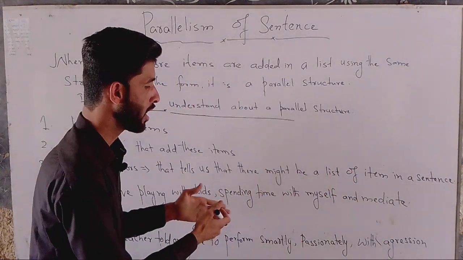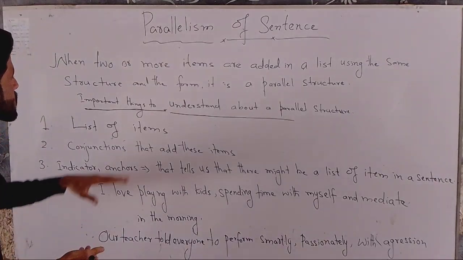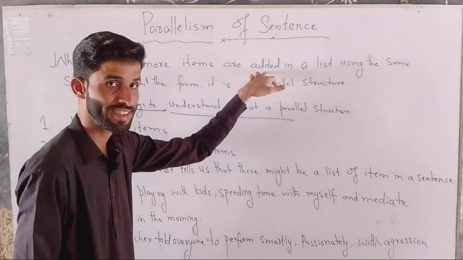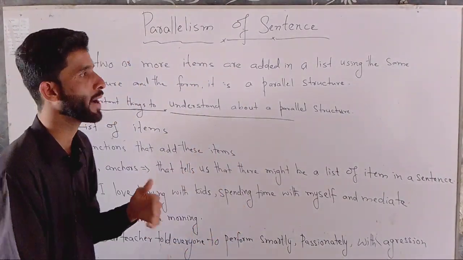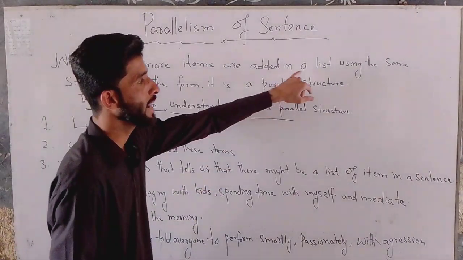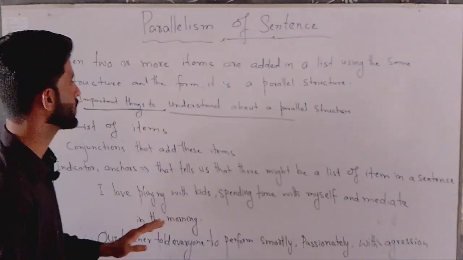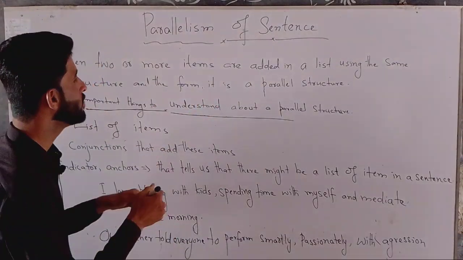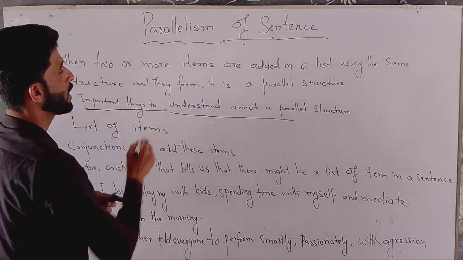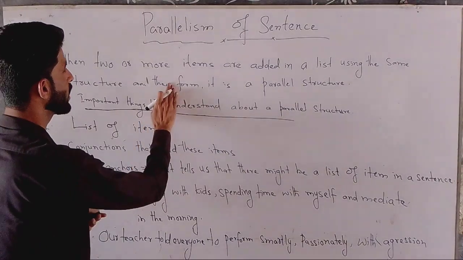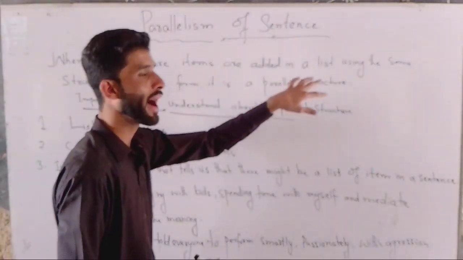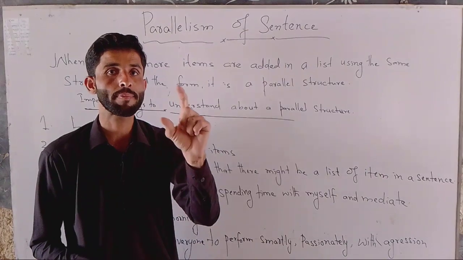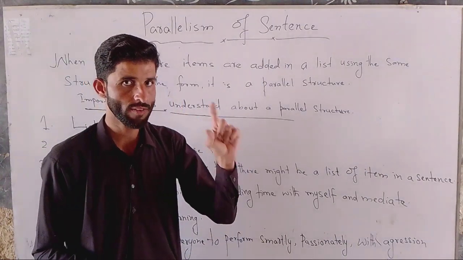So inshallah we will see when two or more different items are connected by and in a list, using the same structure. We have to follow the same structure and the form. It is a parallel structure, that form will be parallel.